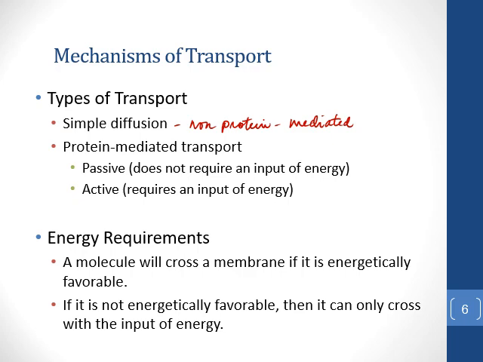So let's think in general here about the energy requirements for moving something across the membrane. The concept here is really simple. A molecule will move across the membrane if it's energetically favorable. Now, when we say that something is energetically favorable, what do we mean? Well, we mean that it adheres to the second law of thermodynamics, which means that things move toward a state of disorder.